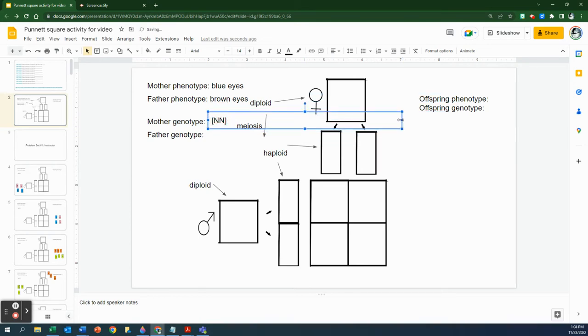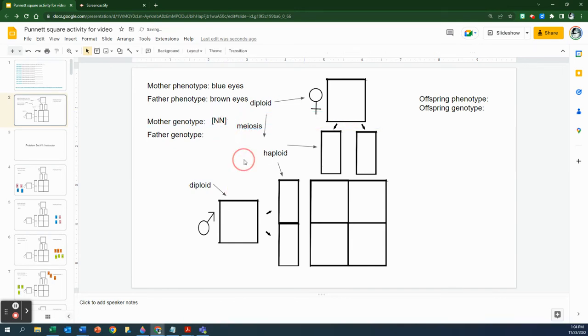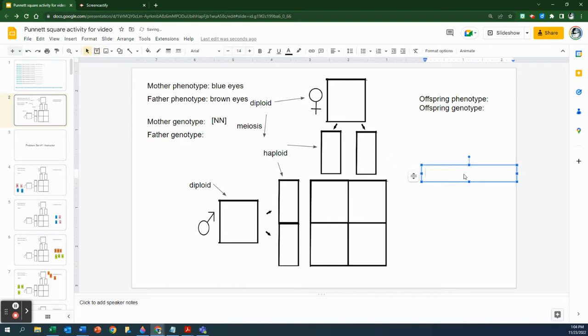Now, there are conventions associated with those letters. Maybe I should have used L for letter.